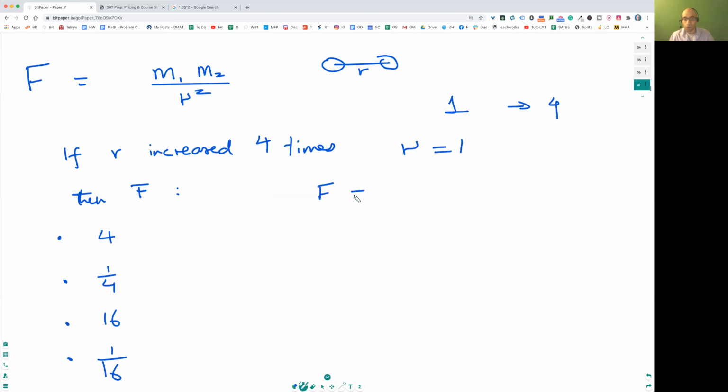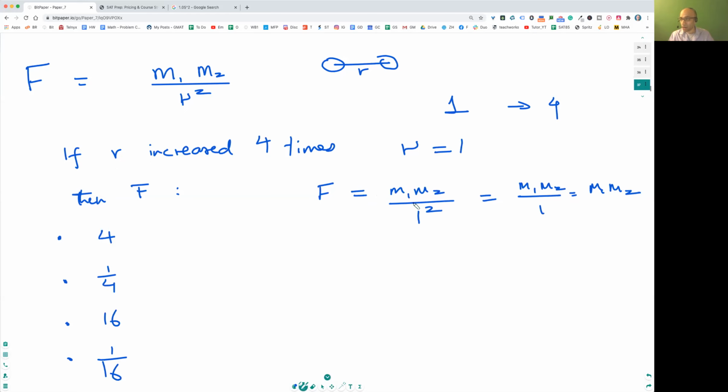Remember the old force, and always take r to be equal to 1. So the old force is just going to be m1 m2. You don't really care what these are. Just put r equal to 1, so you get m1 m2 over 1 squared, which is m1 m2. And now you're going to have the new force, which is what happens when r increased 4 times.